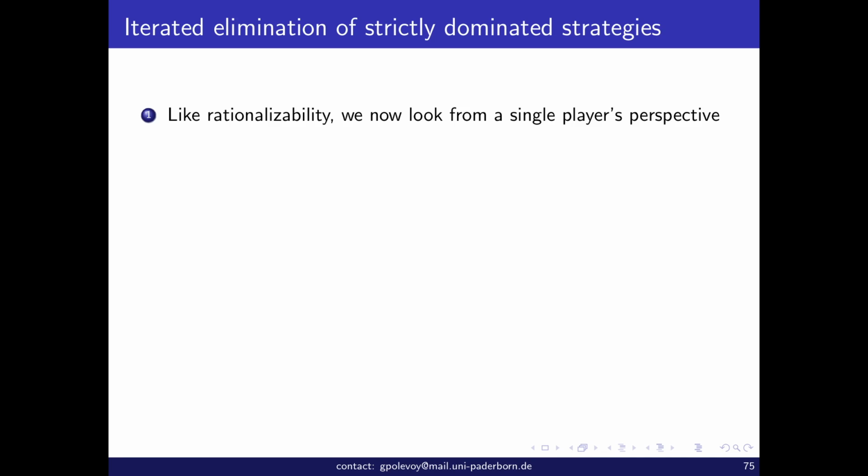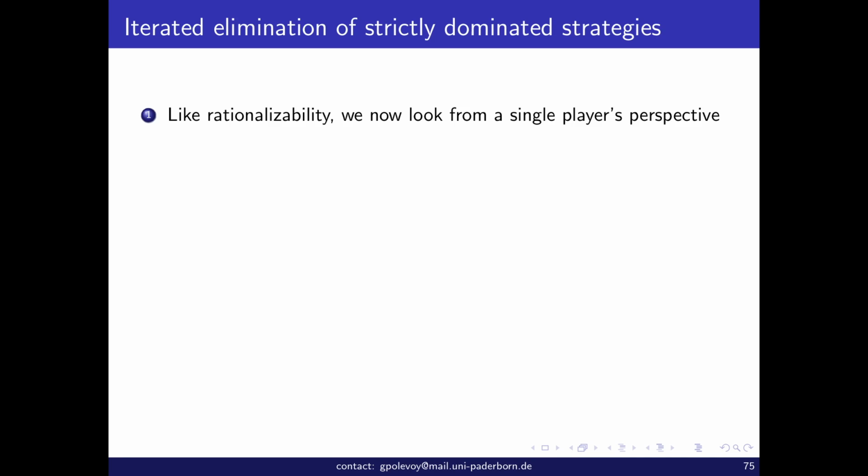But assume that you have a player who does not know what the others do and simply looks from her single perspective what is reasonable. She can use what the others could have done and what they can think, but it has to be basically without any knowledge about others. In that sense, let's look from that single place perspective, like we did in rationalizability.